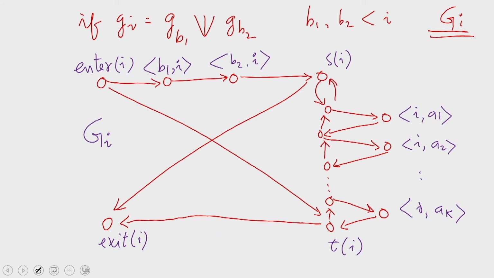Now, for the case where Gi happens to be the NOR of two gates, the labels would be given thus. Here we have a label of 1, here we have a label of 2 and here also we have a label of 2. These two cross edges have labels of 2 each.